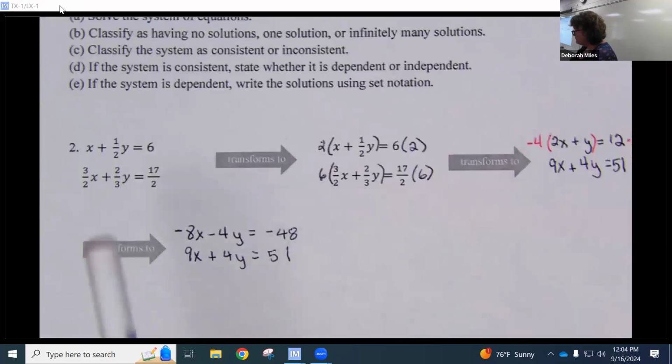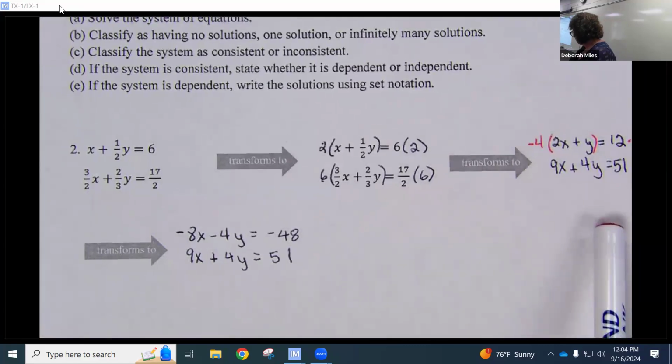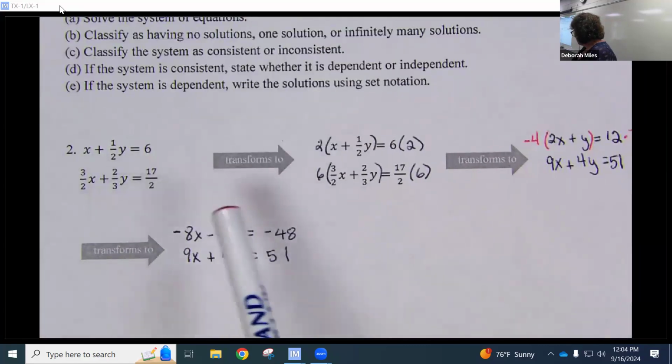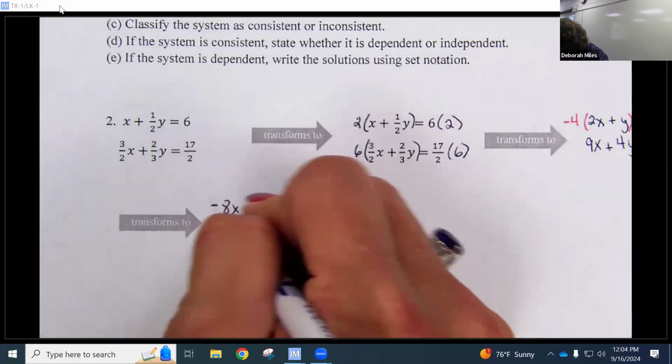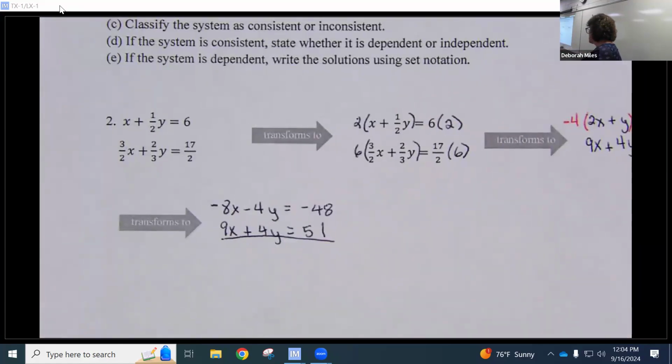So far, I've just been rewriting my system in a way that would set up what I wanted to happen. And I'm finally there. I can finally add those two equations together and my y's will eliminate.